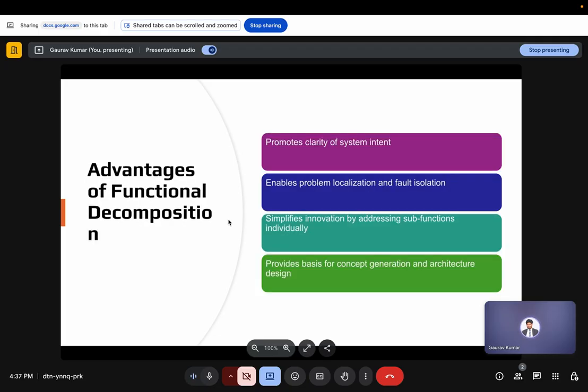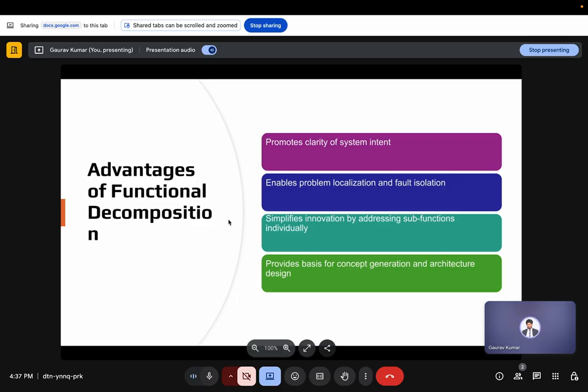Now next is the advantage of functional decomposition. Benefits include clarity, modularity, testability, and reuse. So the problem becomes local and solutions become portable. Troubleshooting improves because failure modes can be isolated to specific functions.